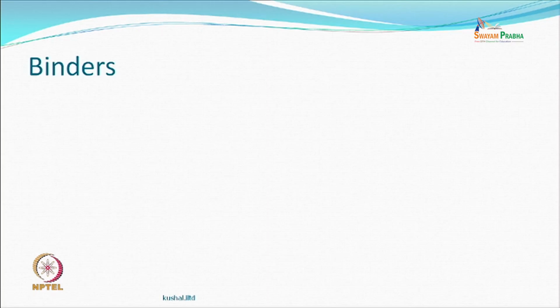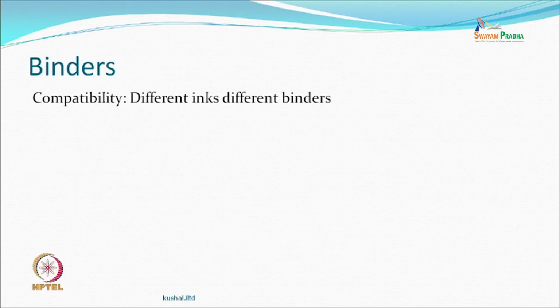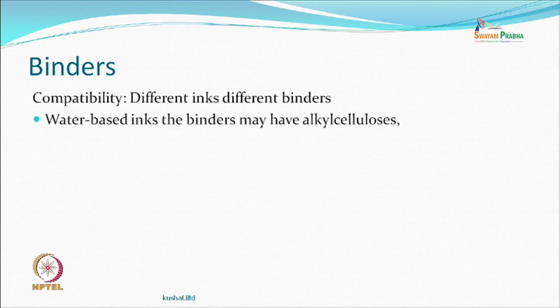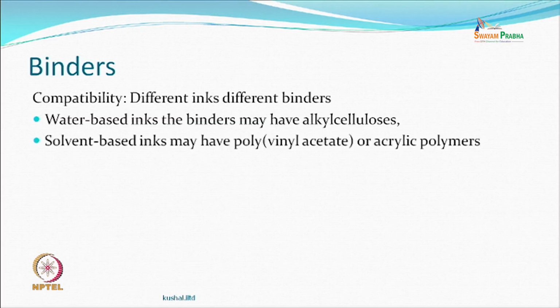So some examples of the binders. Different inks, different binders: what it means obviously is water soluble, water insoluble, all those types of things will have to be seen. So that kind of compatibility people obviously work around. Water based inks may have alkyl celluloses. The solvent based inks may have vinyl acetate based or acrylic based polymers as binders.